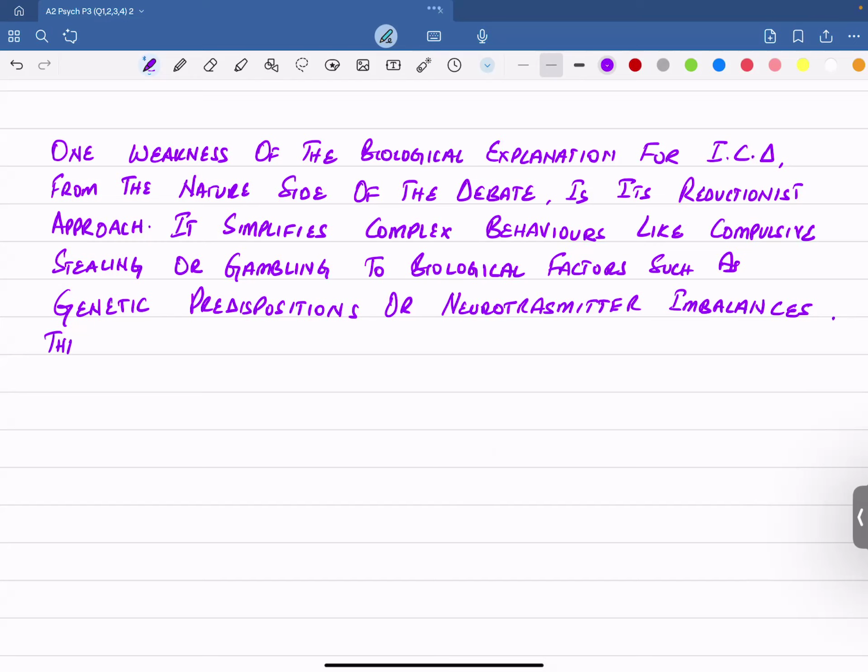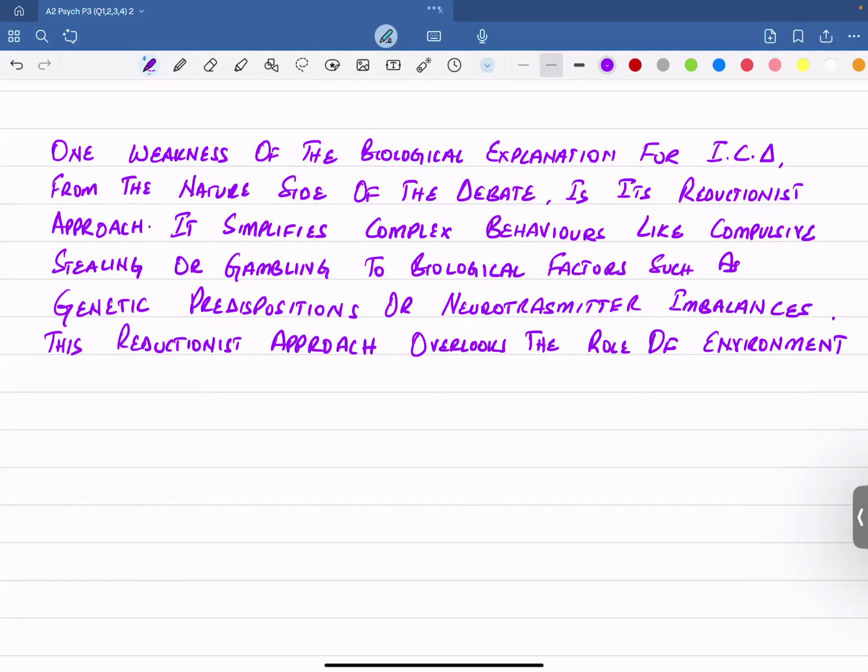This reductionist approach overlooks the role of environmental influences, such as learned behavior.